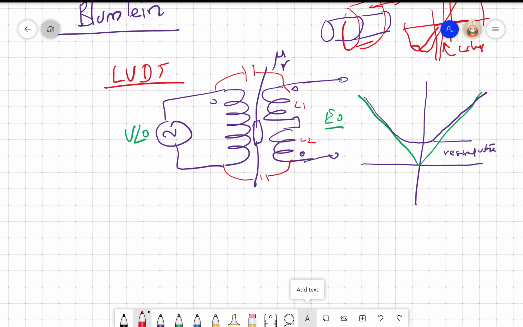All these make E1 and E2, the voltages induced in the two secondary coils, not exactly 180 degrees out of phase, even though we put the dot points here and here. E1 and E2 have to be, but there is a small phase shift. So in the early years, people used a lead-lag network to compensate for this phase shift. But today we do not use this, right?